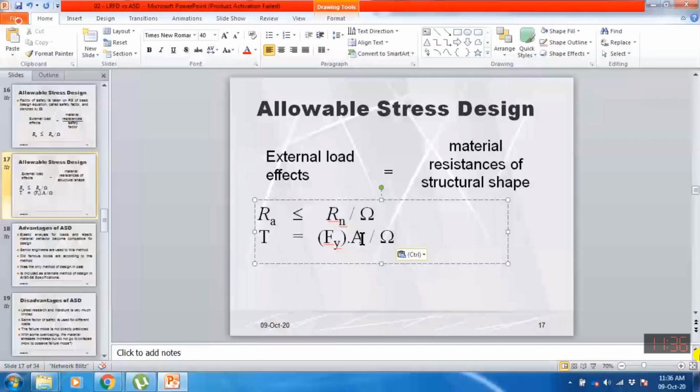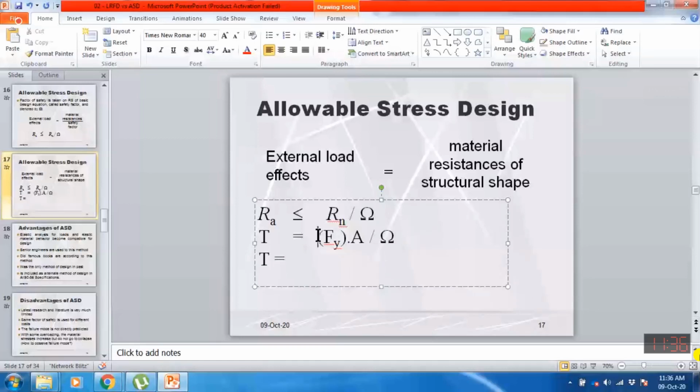So what we do, a factor of safety is used on the right side of the equation. The material resistance offered by the structural shape is divided by a factor of safety, which is called the omega value or strength reduction factor. I told you this omega value is always more than 1. Normally in AISC, this value is almost 1.67.